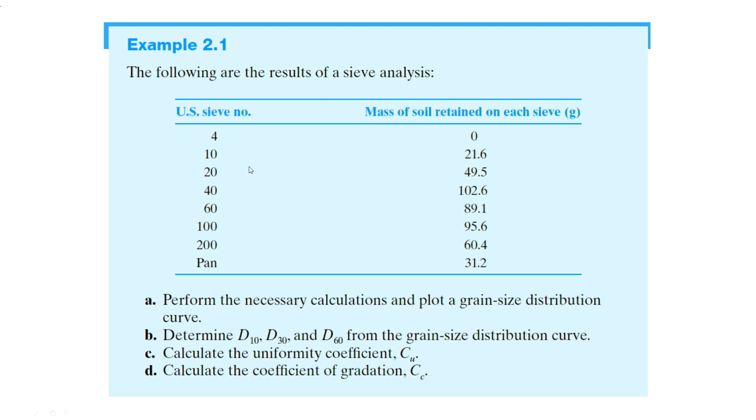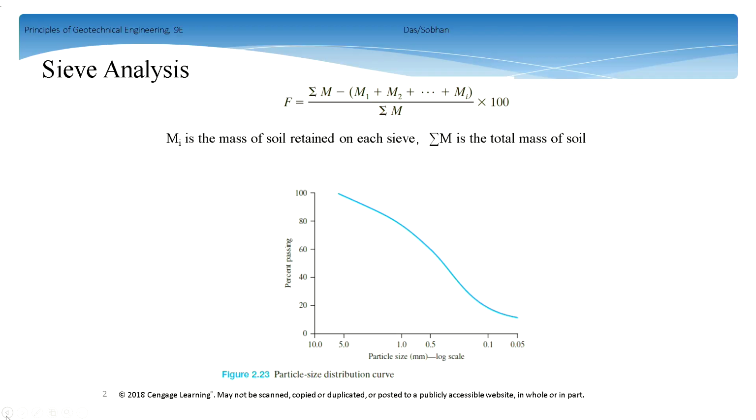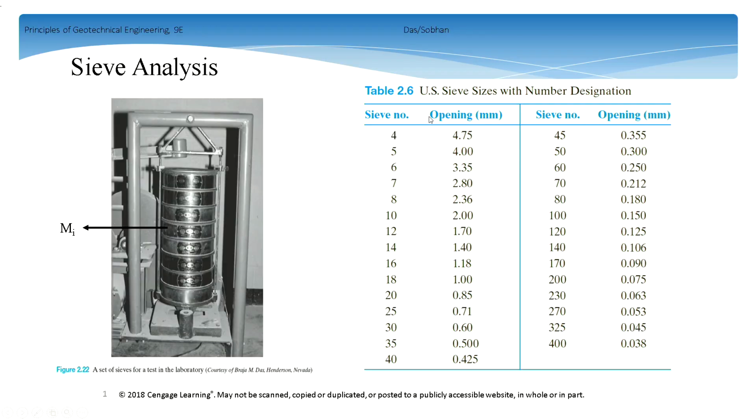In the laboratory, when you're doing the sieve analysis, you absolutely know the sieve number, right? Because, following the code, for each laboratory the sieve number is the same, and it tells you this is a US sieve number. As long as you know the number, you check the US sieve sizes with number designation, and then you can check the opening here.